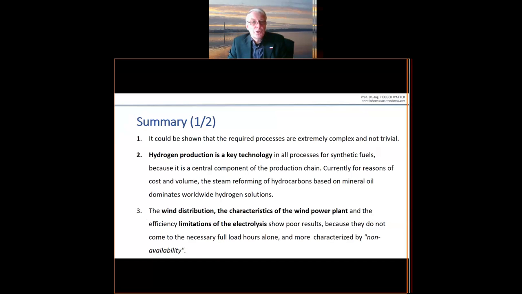The wind distribution, the characteristics of the wind power plant, and the efficiency limitation of the electrolysis show poor results because they do not reach the necessary full load hours alone, and are more characterized by non-availability.